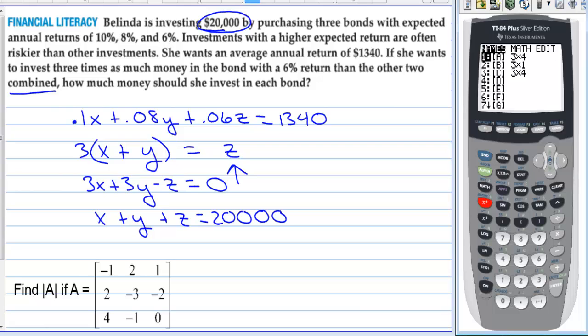We can go math, matrix math. Go B, and then matrix A. Press enter. Oh, wow. I'm not having much luck entering these values in. Oh, it's 0.08, not 0.8. I can go entry, press enter.